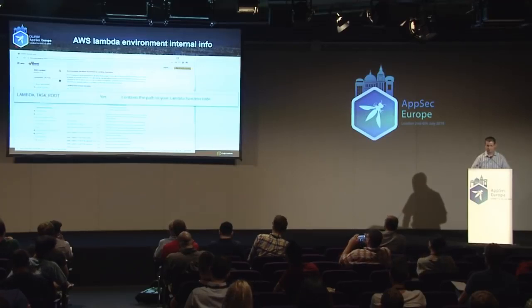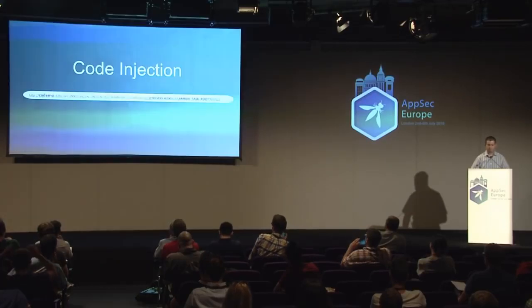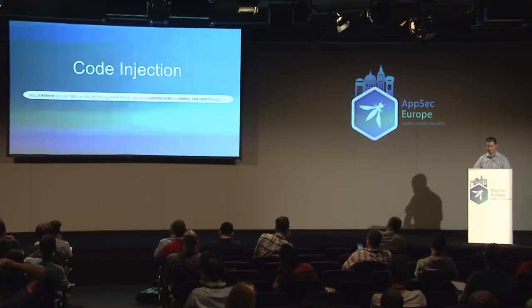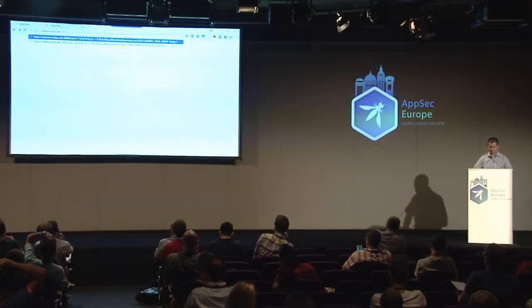It's the path of the Lambda function code itself. So, assuming we know there is a code injection in the function, and assuming we found after brute force the malicious inputs that can invoke this eval, we try to get this info from the environment variable. Especially we want to focus and get the Lambda task root. Let's see it in the demo.